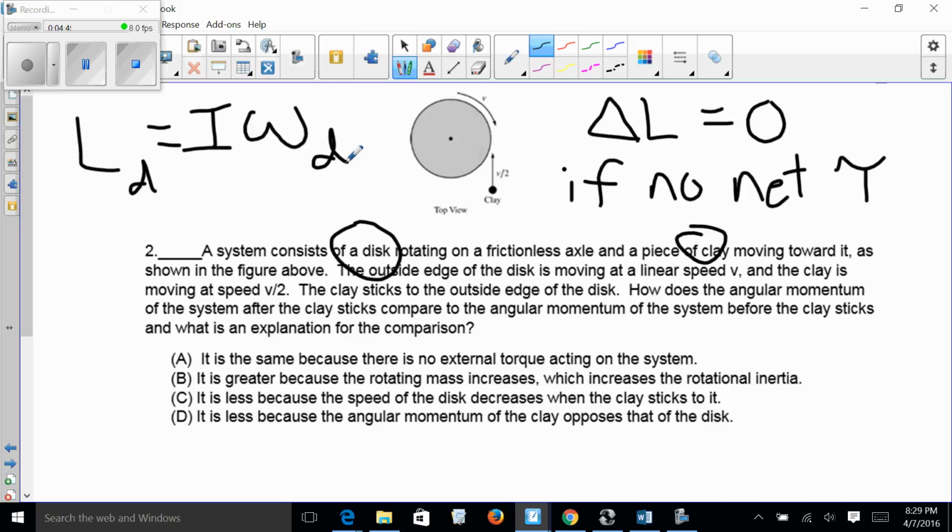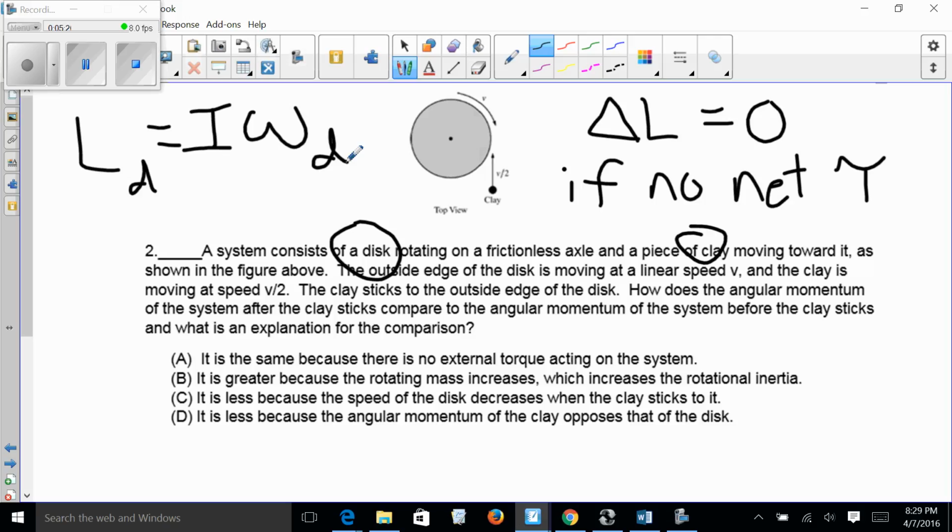And then the clay, even though it's moving in the upward direction, which is a linear translational motion, when it hits, it's going to have a tendency to cause the system of the disk and the clay stuck together to rotate counterclockwise. So the clay actually has a counterclockwise angular momentum. When it hits, yes, the total mass of the system increases, and possibly the rotational inertia of the system changes.